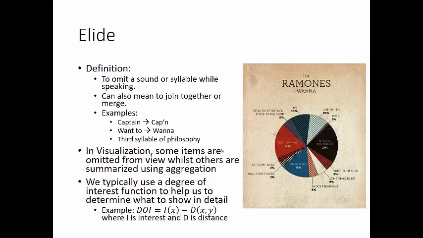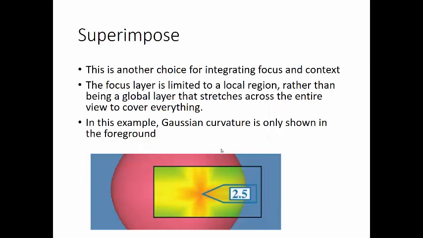For example, we could calculate the degree of interest is equal to the interest minus the distance between the 2 points. If you're interested in how this calculation works, page 325 of the textbook has some of the details. And it's interesting to note that the distance is not necessarily Euclidean. For example, you could use other paradigms such as the Manhattan distance.